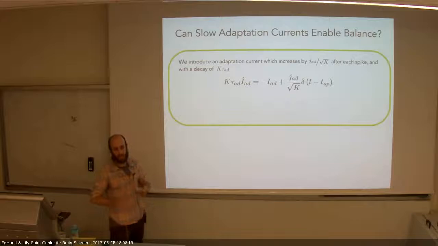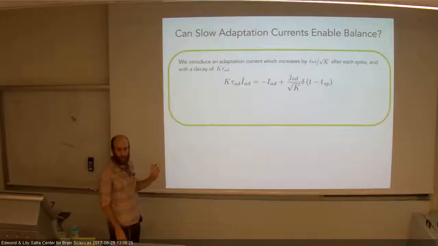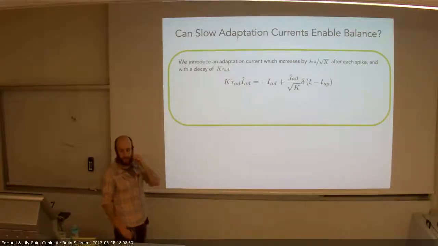So every neuron, when it fires a spike in our model, has this adaptation current, the negative current, increased by some amount, and we model it as a relatively small amount, about the order of magnitude of a single synapse.